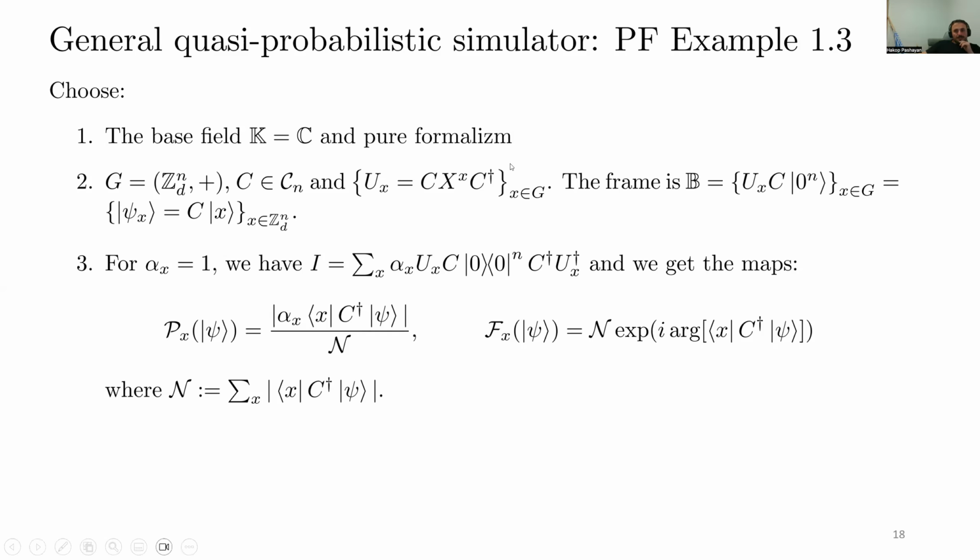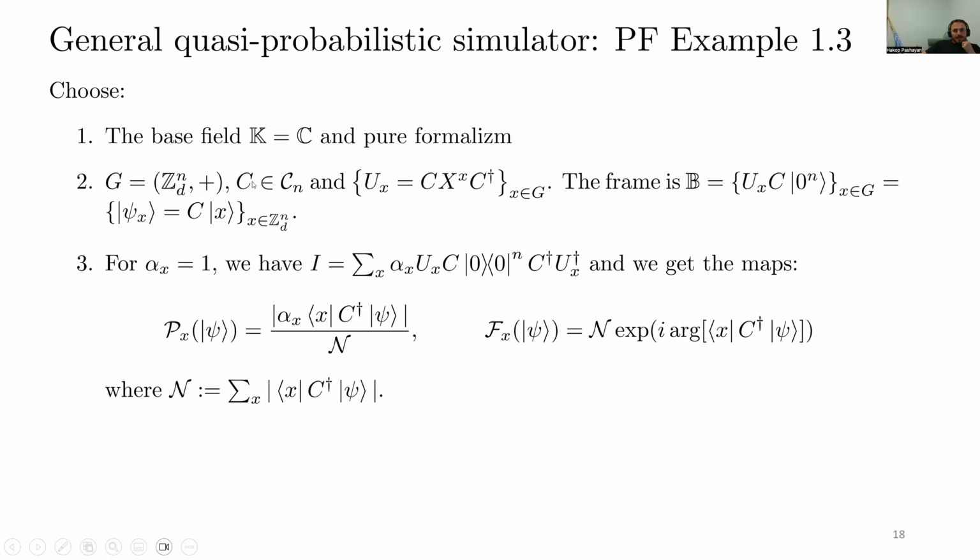Okay, great. So here we're going to choose our group to be Z_d to the n under plus. I'm going to very quickly assume they're qubits anyway, so maybe just set d equals 2. And we're going to choose C to be some element of the Clifford group and keep it Clifford.